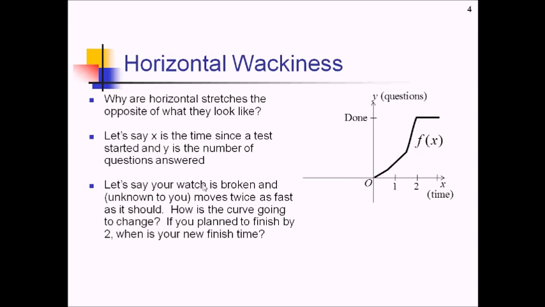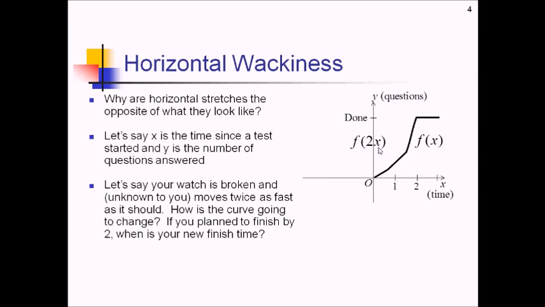Now let's say that your watch is broken, and unknown to you it is moving twice as fast as it should. So let's say that instead of f of x, you have f of 2x. The inputs, the time that you're looking at as you're doing these questions, looks like it's twice as much to you as it actually is. So how is the curve going to change based on that? If you plan to finish by 2 hours, what's the new finish time?